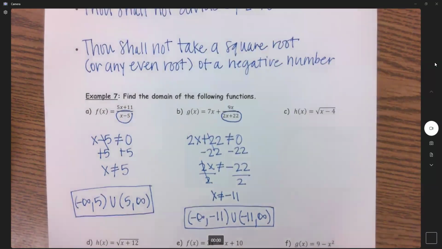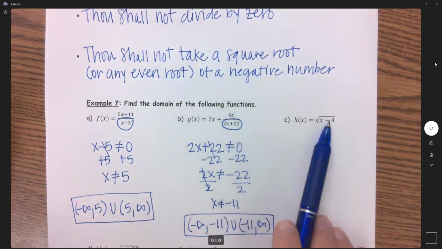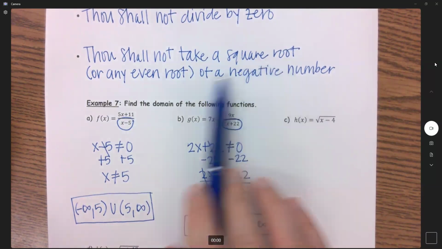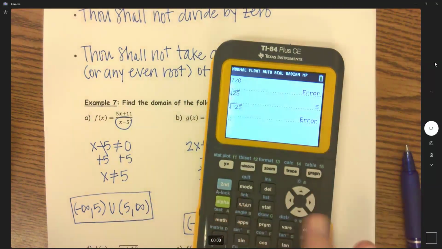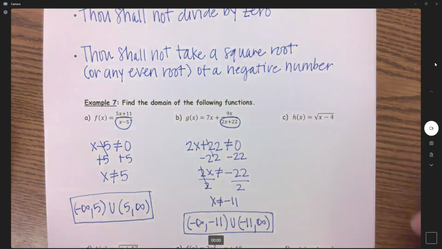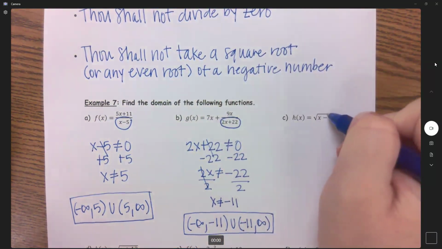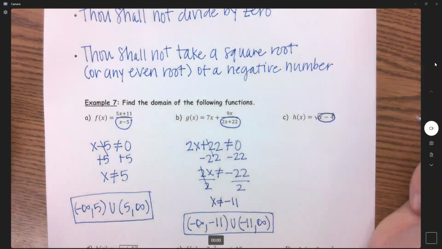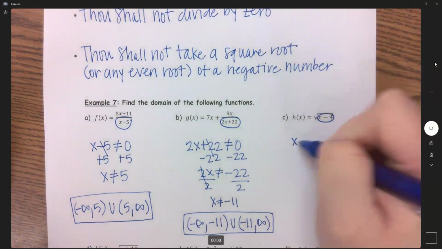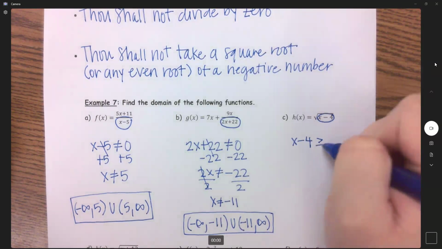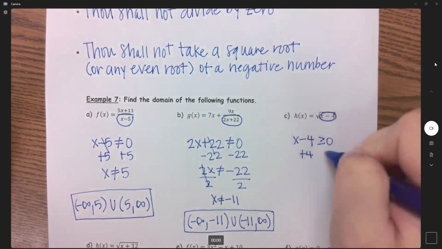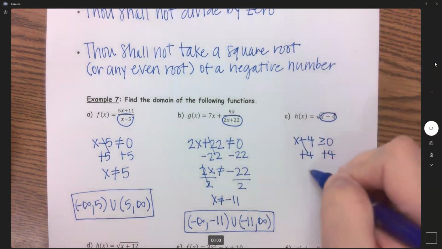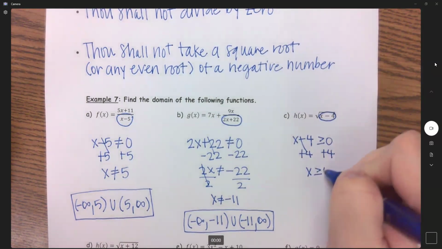Now, starting with C, now we need the second commandment. Because I have a radical, I know that I cannot take the square root of a negative number. We can take the square root of 0, though. That's going to give me 0. That one's okay. So we'll take what's underneath that radical and set it to be greater than or equal to 0. So add your 4 over, and we get x must be greater than or equal to 4.